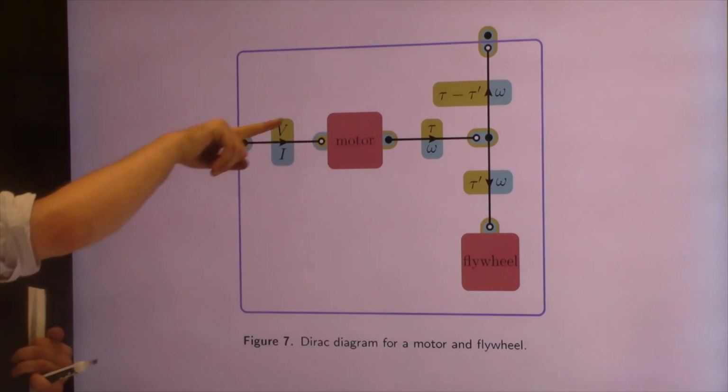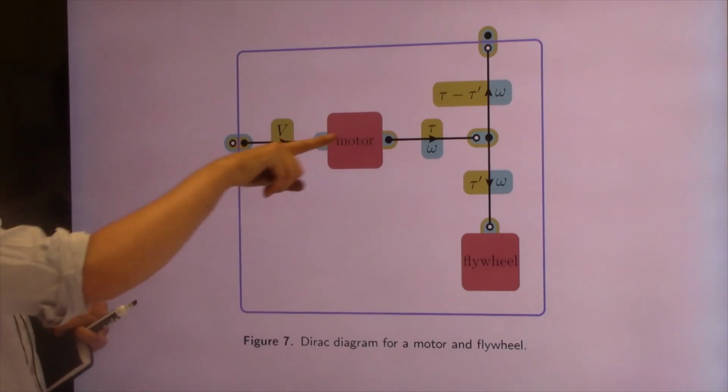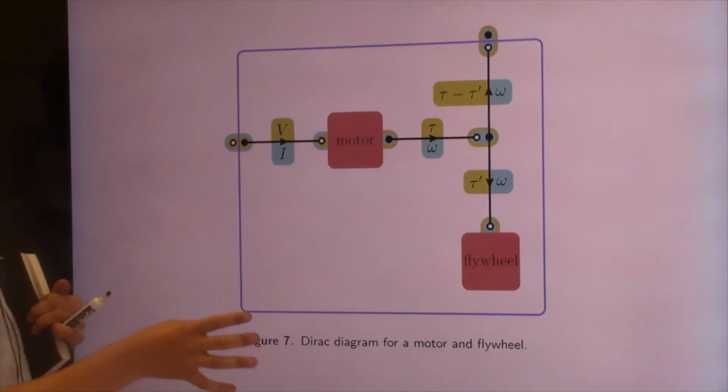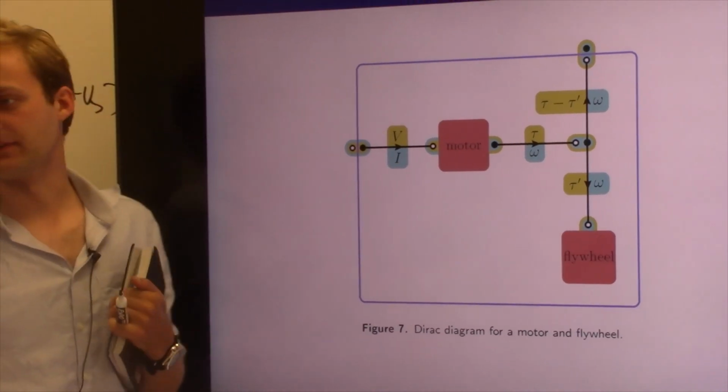This motor has no state. So X is just like a one element set. And essentially all this is doing is this is a relationship between V and I and tau and omega.